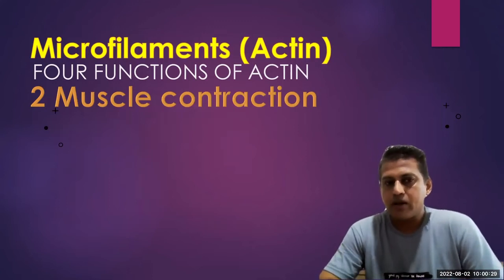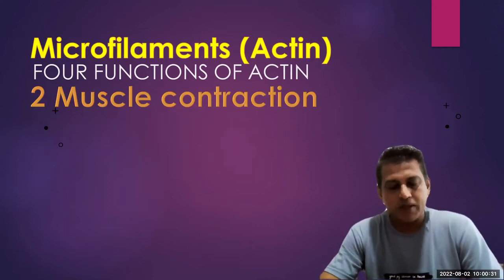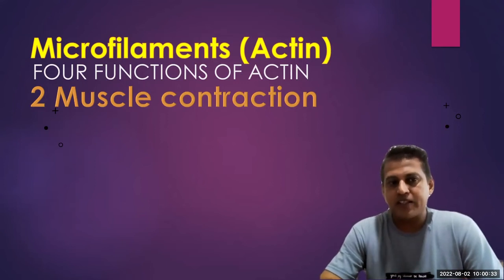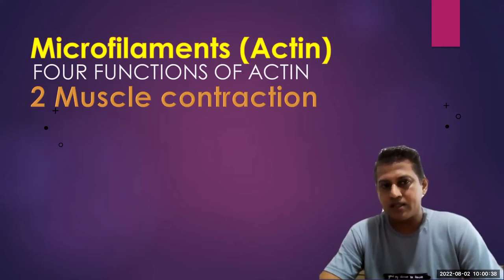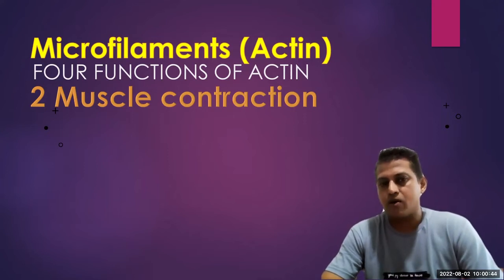At the moment, we are not learning the mechanism of muscle contraction. When you learn Unit 5, the human body, the skeletal muscles, we're going to learn muscle contraction. So actin plays a major role in muscle contraction.